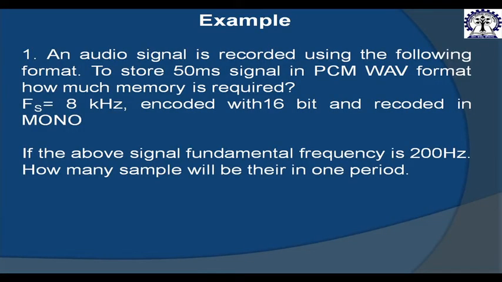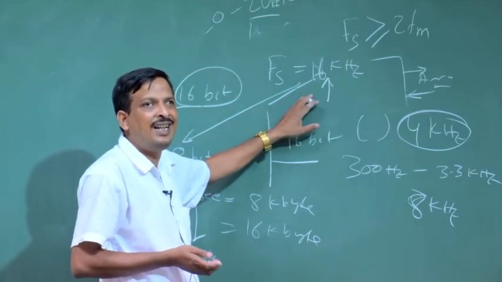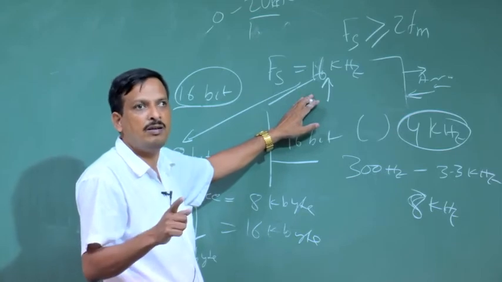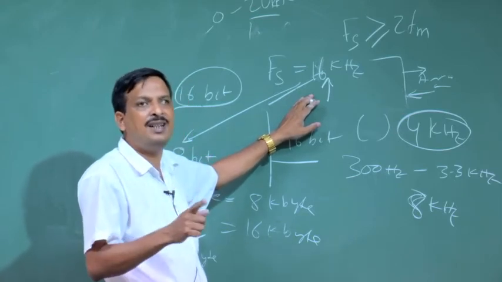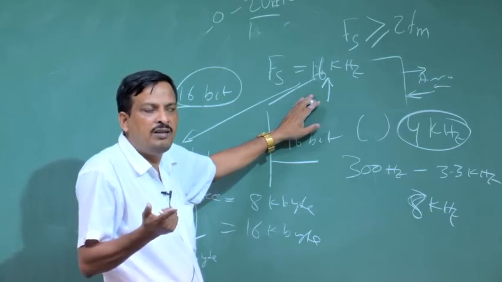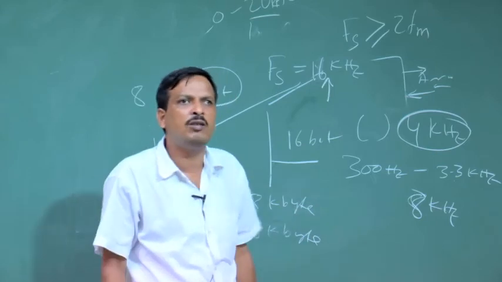Sampling frequency is 8 kilohertz, encoded with 16 bits and recorded in mono channel. So, if it is 8 kilohertz, in 1 second it will generate 8k samples. So, in 50 milliseconds I have to know how many samples will be generated, and for each sample, how much memory is required, I can calculate.